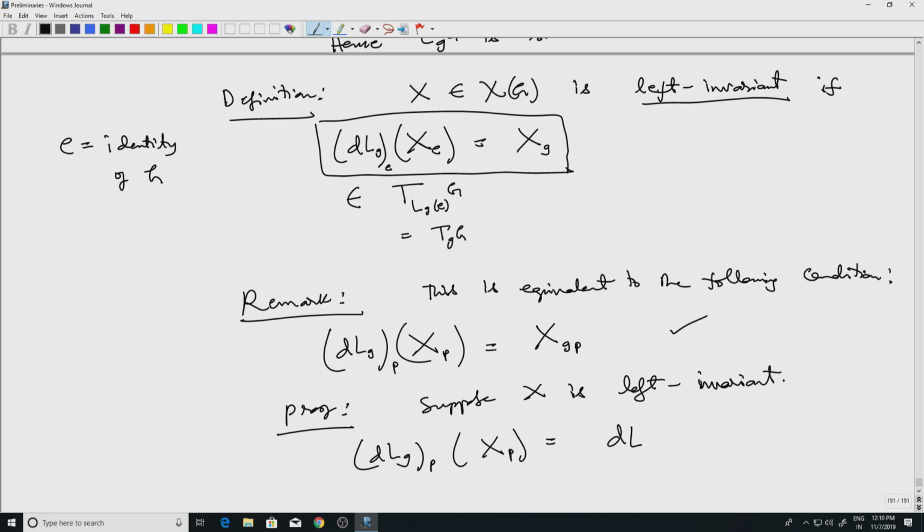So this would be DLG at P, and then instead of XP I plug in D, not LG, LP at E acting on XE.